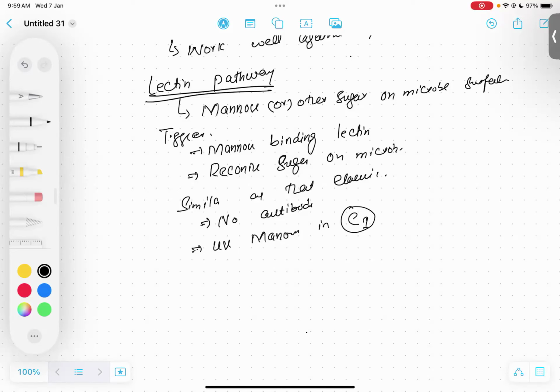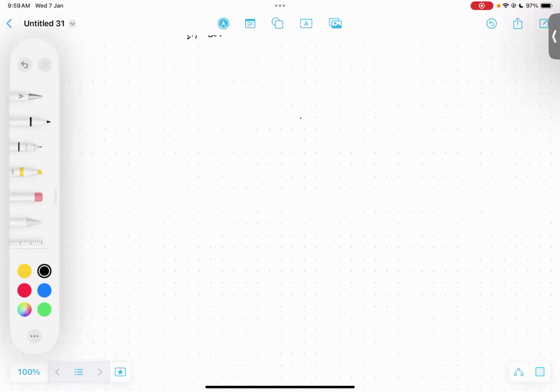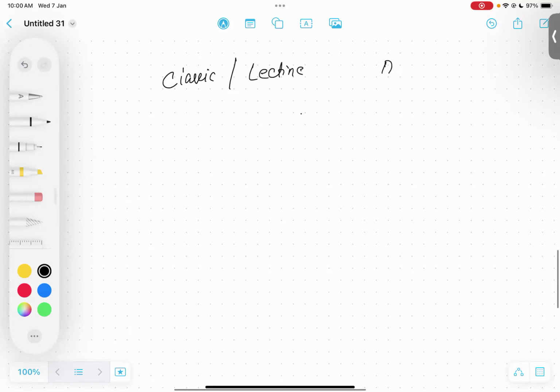Let's draw a diagram regarding these three pathways: classic, lectin, and alternative. The classic pathway is activated via C4b2a, and this is called C3 convertase.